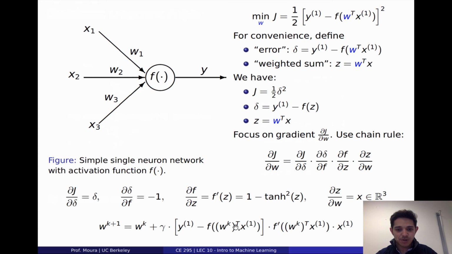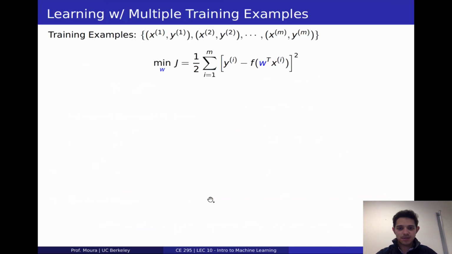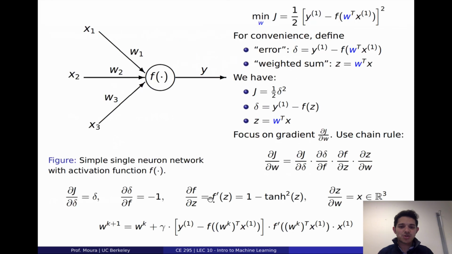Okay, so the first term in brackets represents delta. -1 converts this minus sign into a plus sign. Then I have f prime, I'm just writing as f prime here. And then partial z, partial w is this matrix multiplication with a 3×1 column vector x. And here we have our algorithm that we iterate to fit the weights with gradient descent. Okay, so that was training with one example on a single neuron.